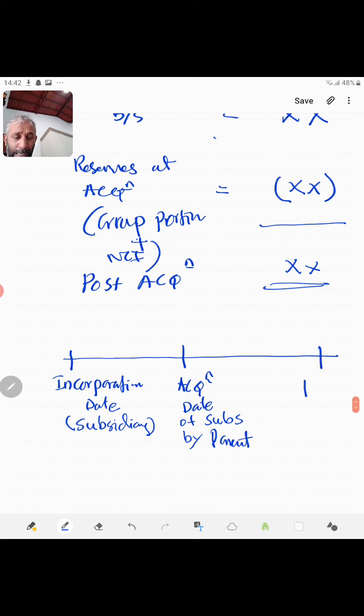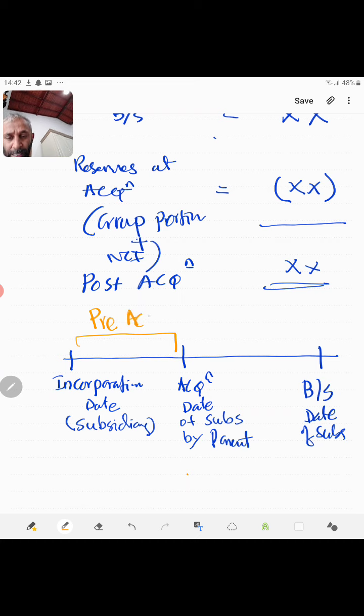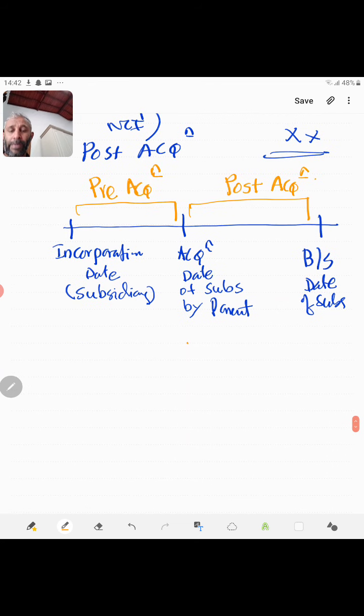And this is the balance sheet date of the subsidiary. Now, this period is known as the pre-acquisition period. And this period is known as the post-acquisition period. Now remember, when computing the goodwill, in calculating the net assets of the subsidiary which we have acquired, we should include all the reserves available at the date of acquisition.